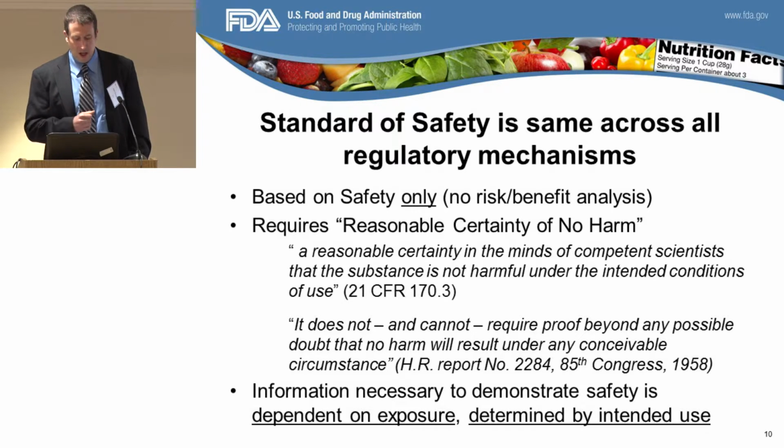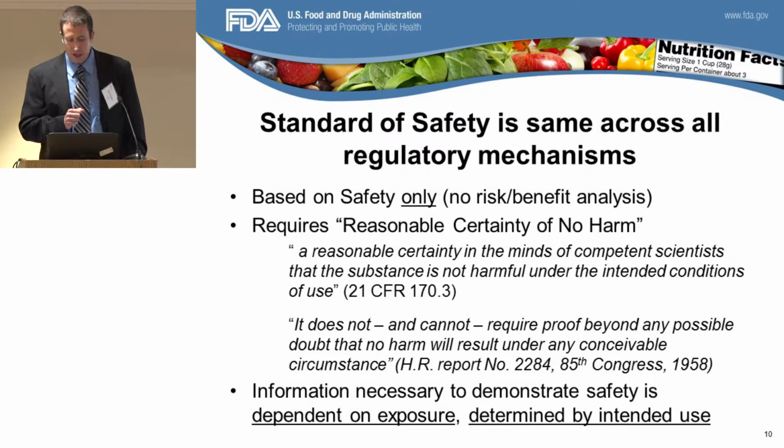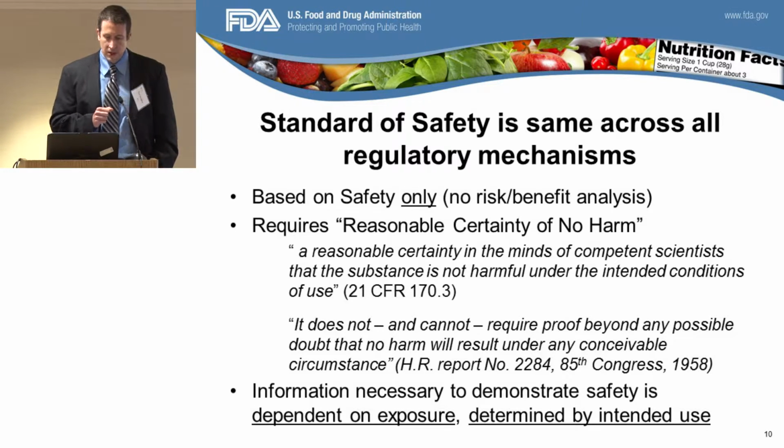The toxicology idiom of dose makes the poison is applicable here, and therefore, as exposure increases, we do have more stringent toxicological requirements. But it's also important to note that the exposure is determined by the intended use, and this allows refinement of the exposure calculations in order to give a more realistic evaluation of what the exposure will actually be.